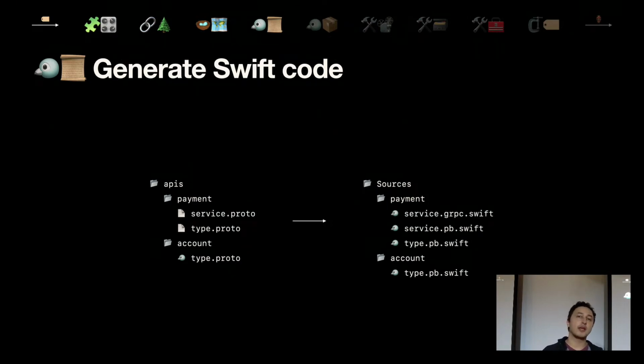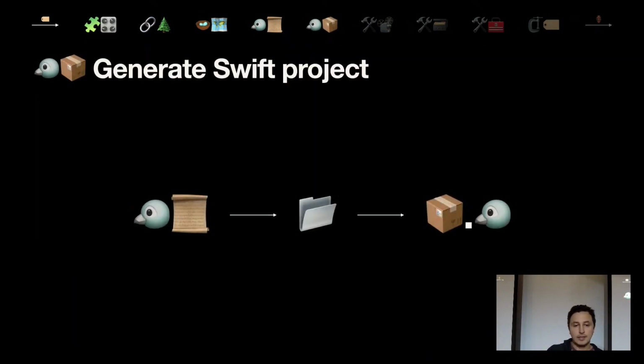What we want to do next is wrap this up in a proper Swift project that has a proper Swift structure. We're going to do that in two steps. Firstly, we're going to repackage, move the generated files around so that they have the proper module names, because Swift protobuf doesn't do that for us.